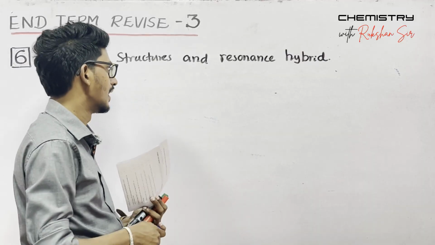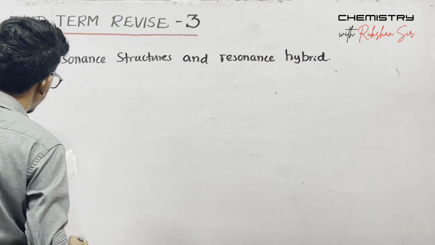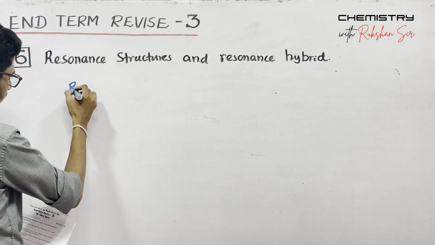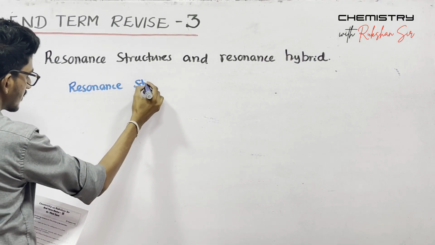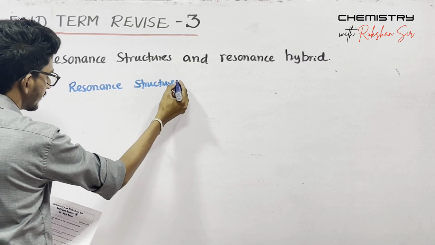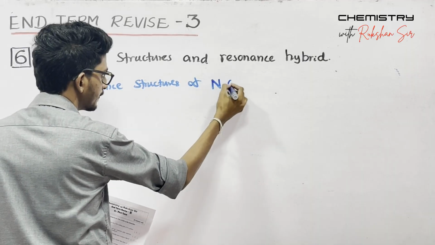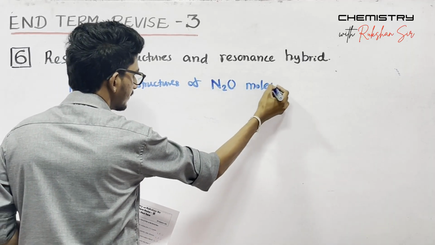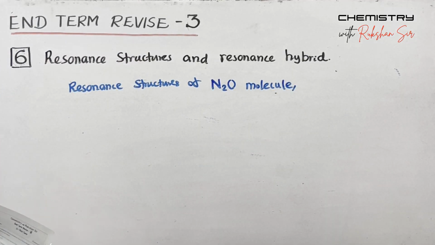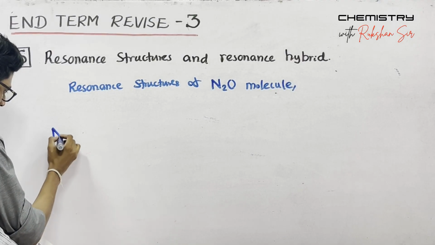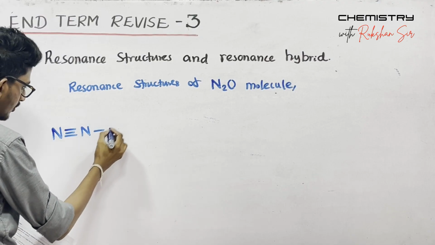Let's discuss. I'll come up with an example. Let's take the resonance structures of N2O. So the most stable resonance structure of N2O looks like this.